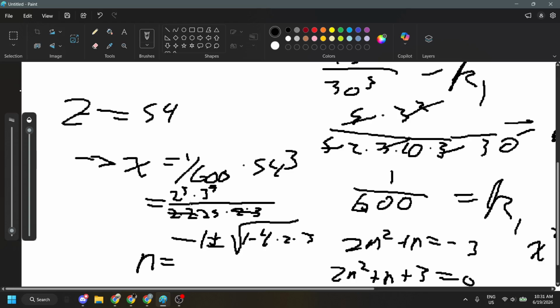These cancel out, and this cancels out to 3 squared. So we just get 9 over 25. X is equal to 9 over 25.